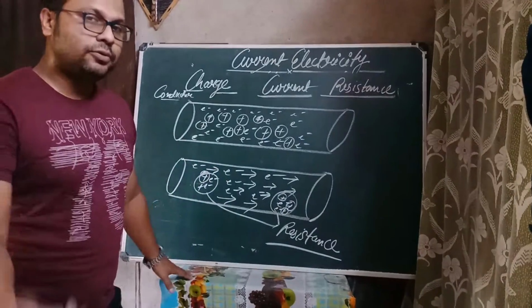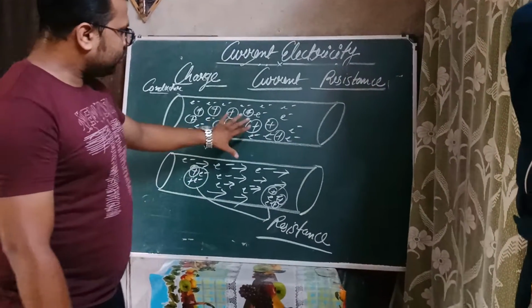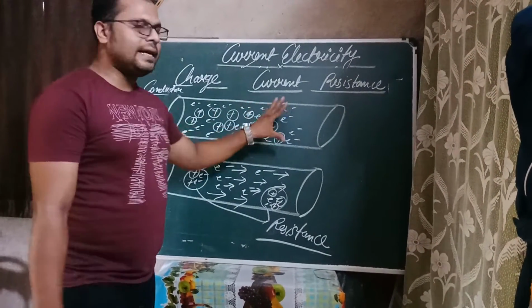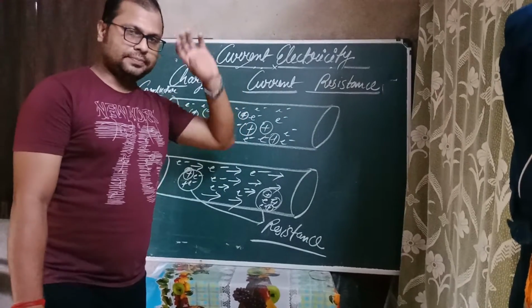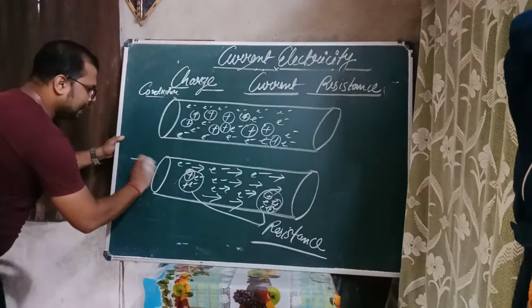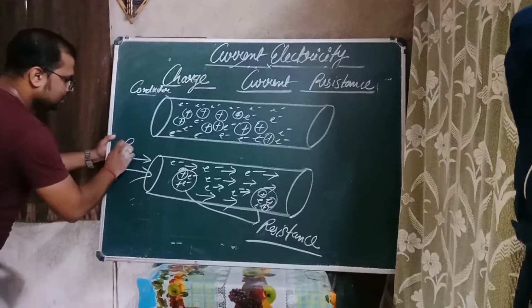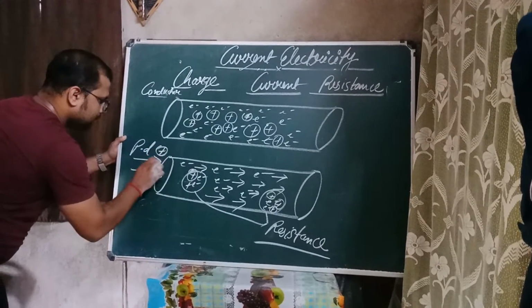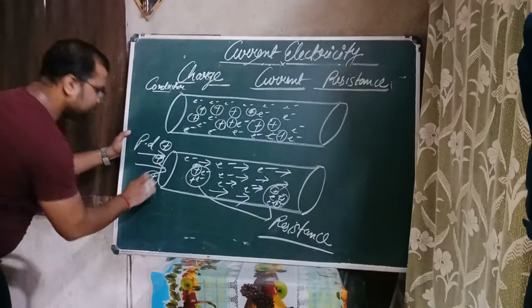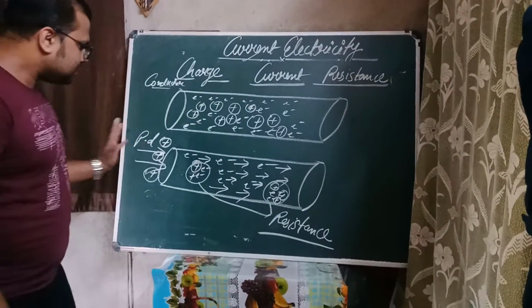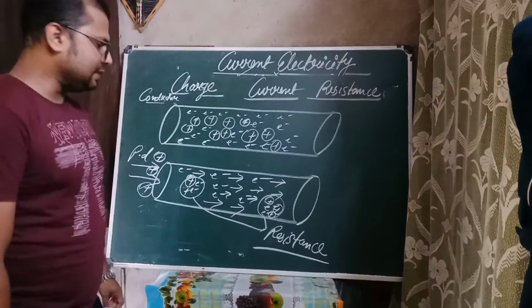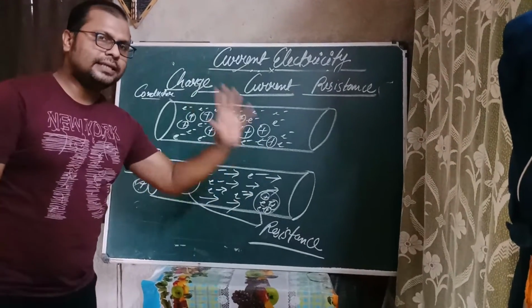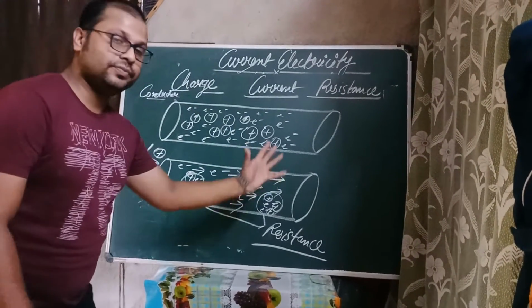But how do they do so? Apart from these electrons, there are some positive ions also present within the conductor. When we supply potential difference across this conductor, unit positive charge we are supplying here. So when we are supplying the potential difference, the electrons get a direction. They need to move.